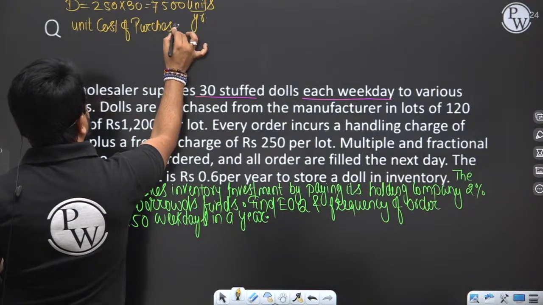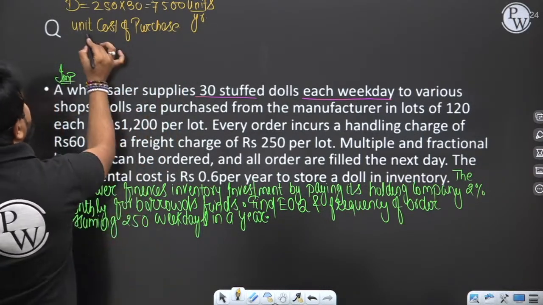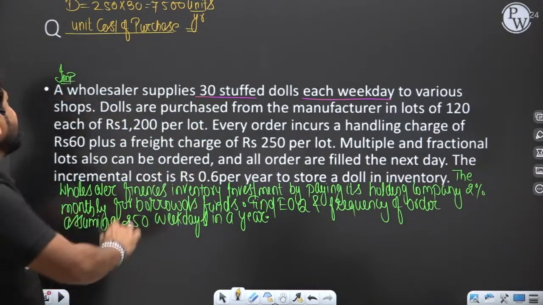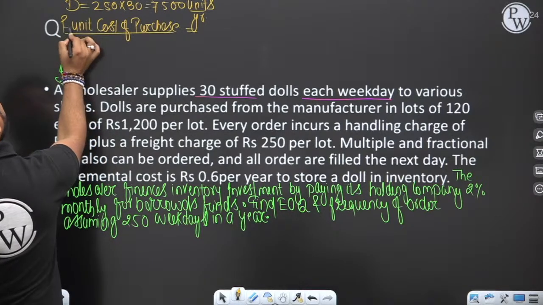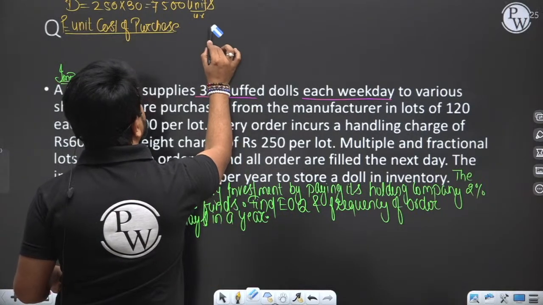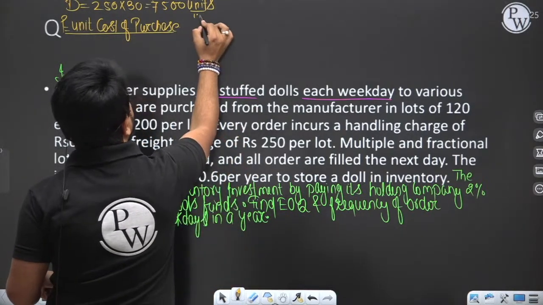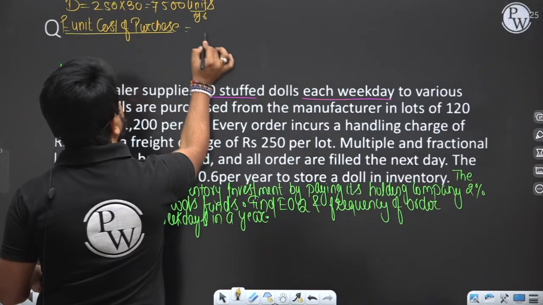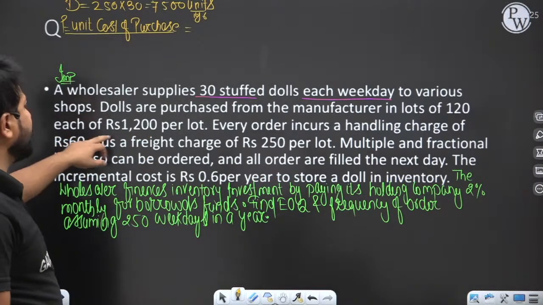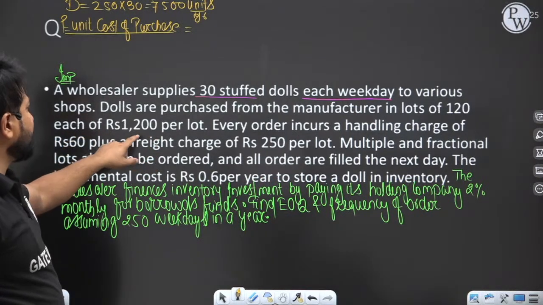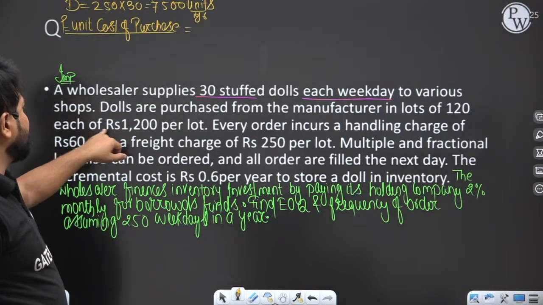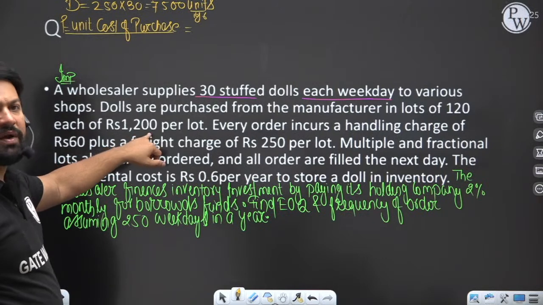Let's say the unit cost of purchase will be represented by P. He says that a lot is of 120 dolls, and the lot price is 1200.